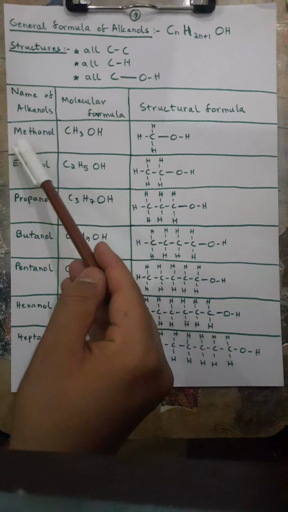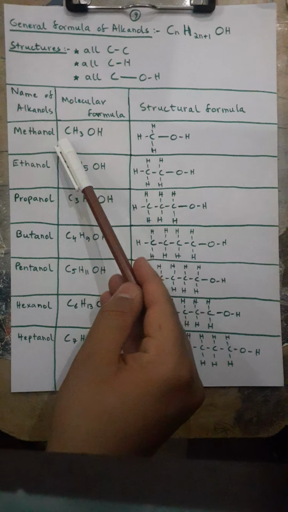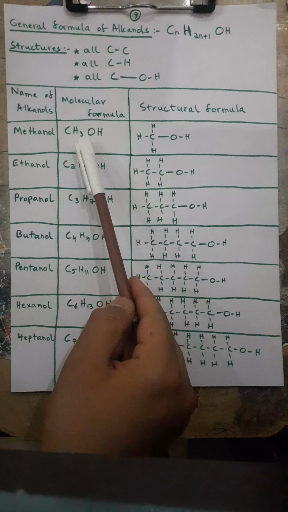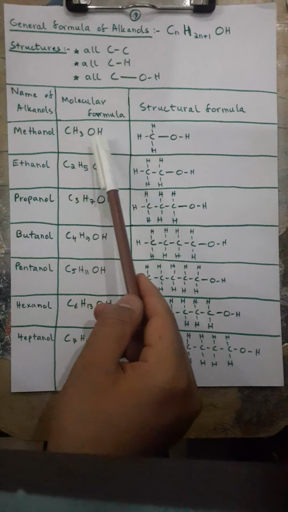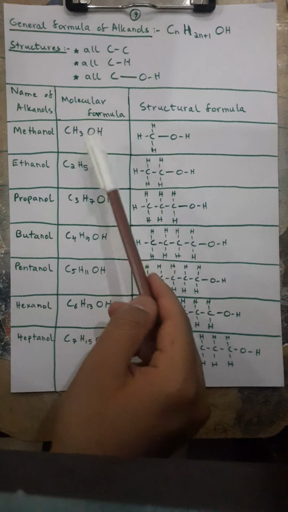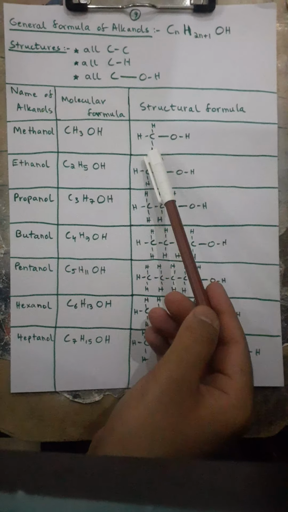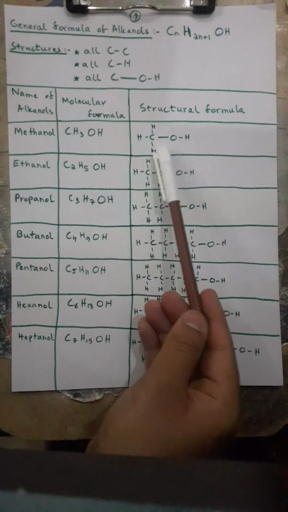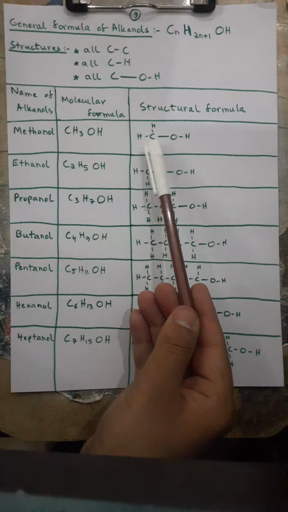Like this, the names of alkanols: first methanol, n is 1, so 1 into 2 plus 1 is 3, CH3, and then OH in the end. Its molecular formula and structural formula is CH3 and then attach OH in the end with this carbon atom.